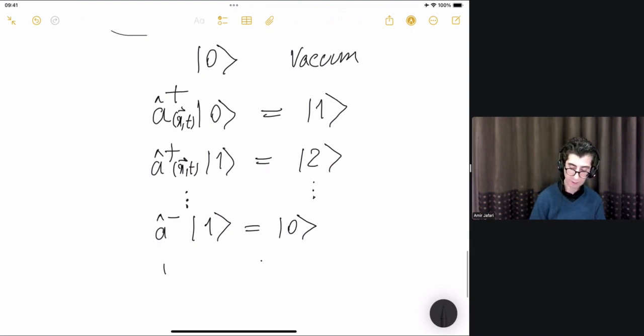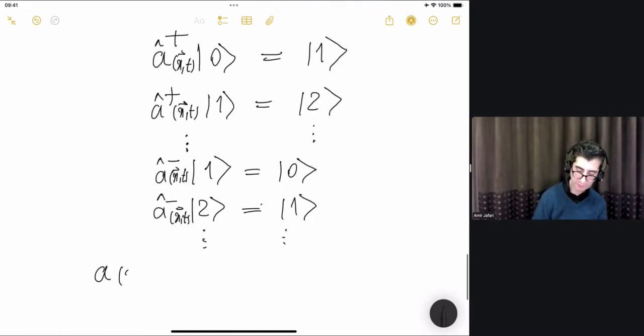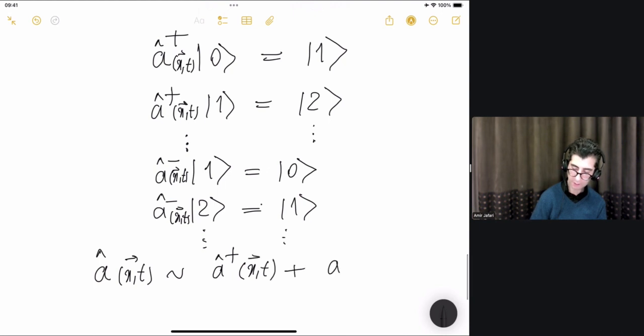It can act on a two particle state, give you a one particle state, and so on and so forth. So again, where in space and time? So it's a field, or we can interpret it as a field. So we say that I need this field, which has two parts, a creation part and an annihilation part, of x and t.